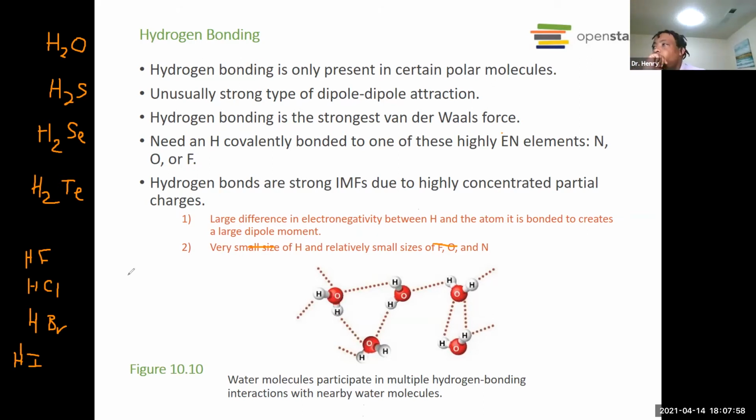Or if we have ammonia, PH3, AsH3, and SbH3.